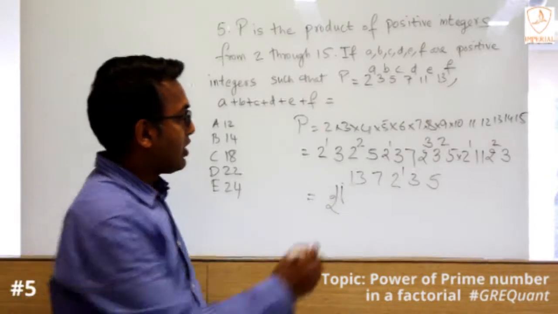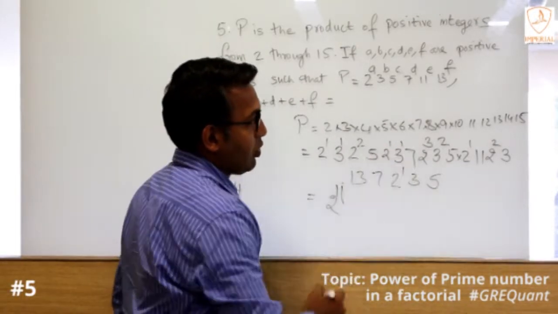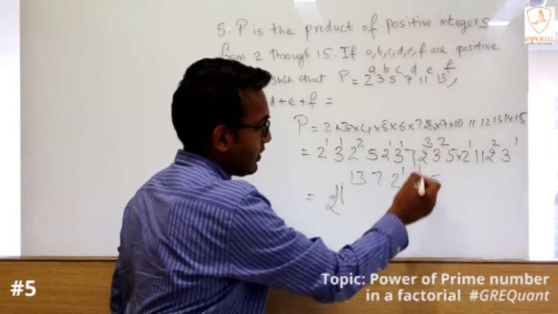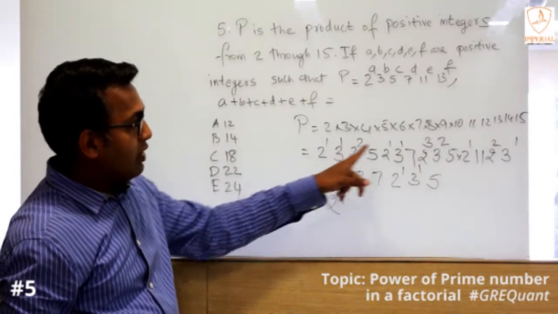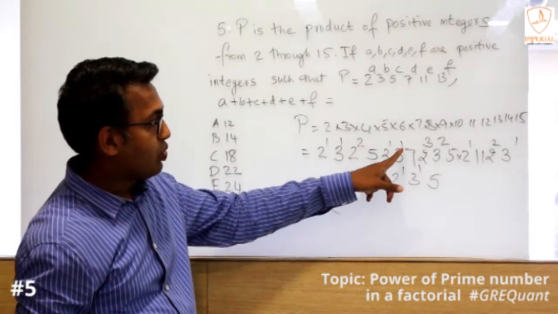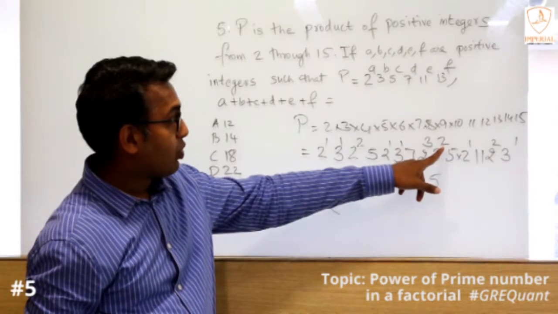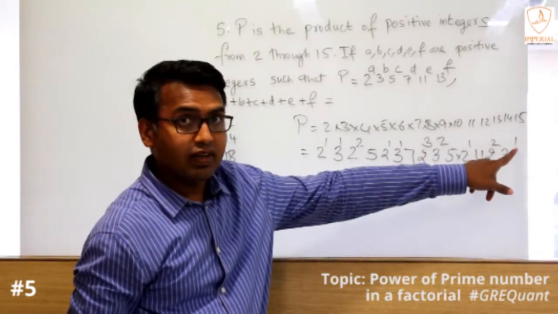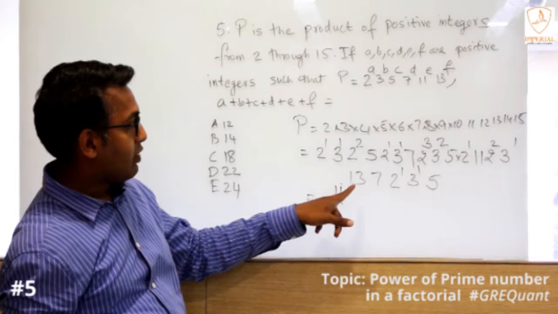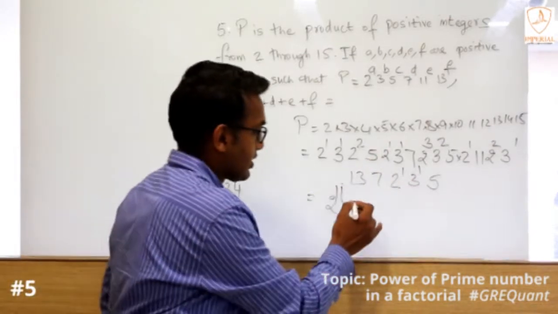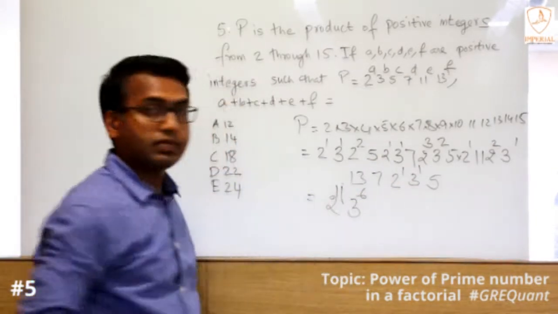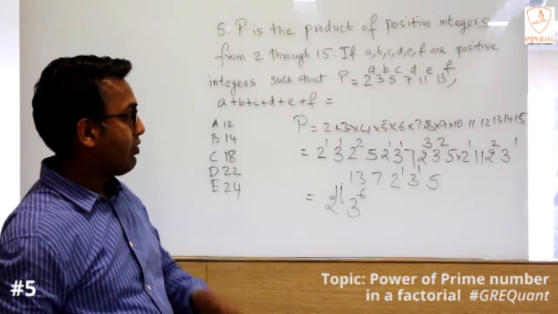Let's now count the 3's. So here you have 1, 1, so 1 plus 1 is 2, 2 plus 2 is 4, 4 plus 1 is 5, 5 plus 1 is 6. Let's count the 5's.